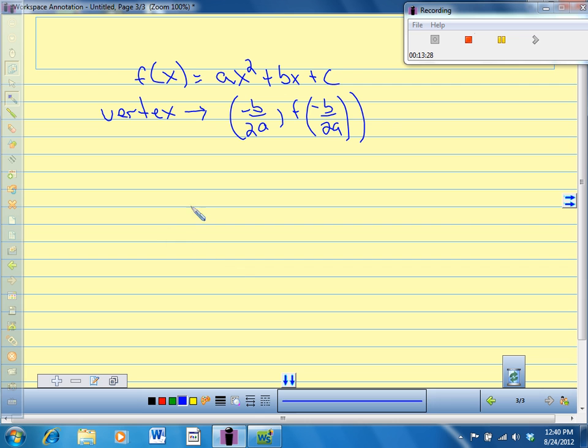Right? So, for example, say I have y equals, I don't know, 2x squared minus 3x plus 4. And they say find the vertex. So this is negative b, so that negative b would be 3, right? Oh, I want one that works out nice. I'm going to change this number to 6.